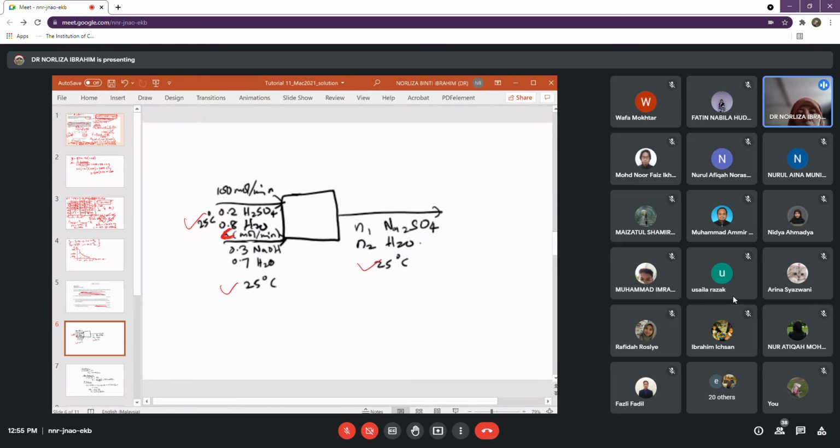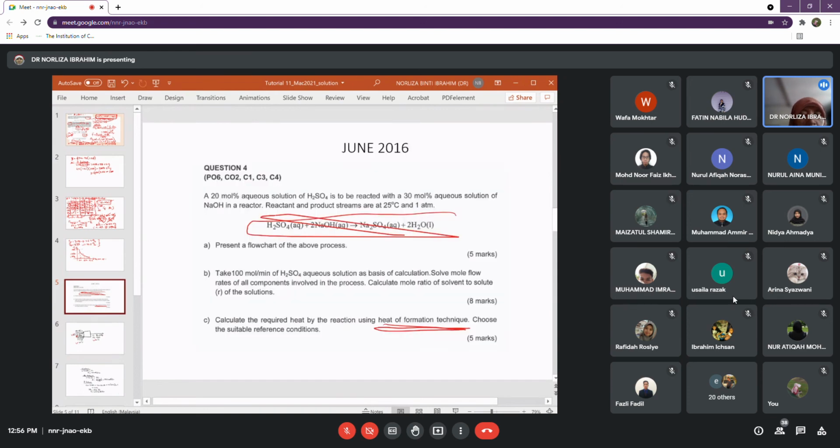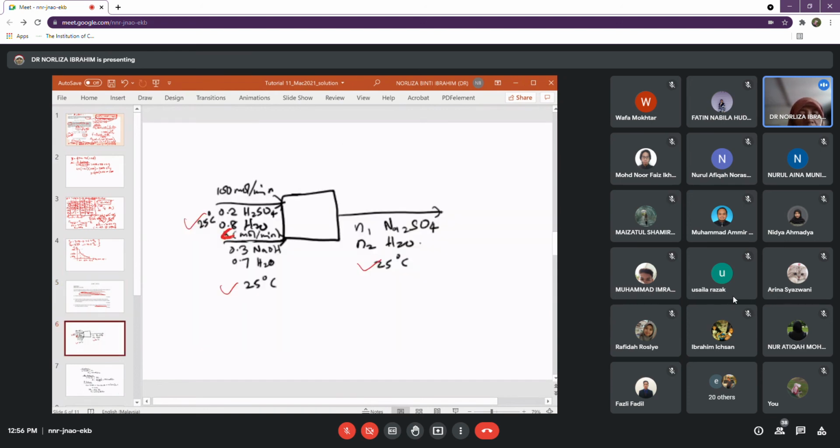Put all the unknowns. The flow chart is 5 marks, so you have to give the flow rate and the composition correctly. What is most important is that you put the temperature. Or you can mention here it is solution, Na2SO4 aqueous. Even if you don't write it, it is known.